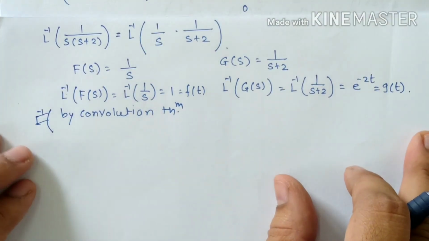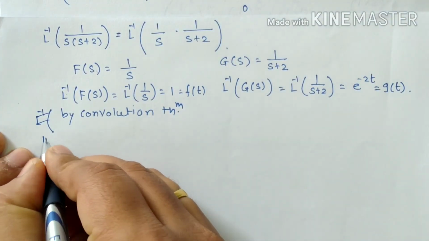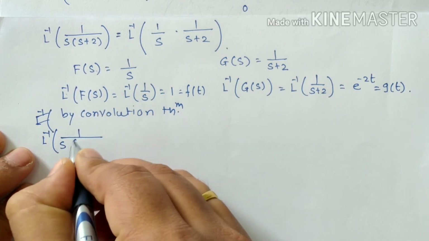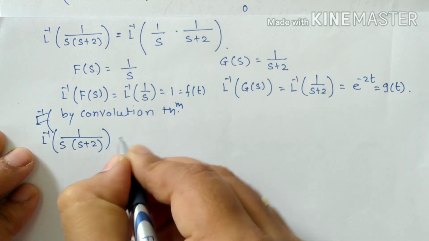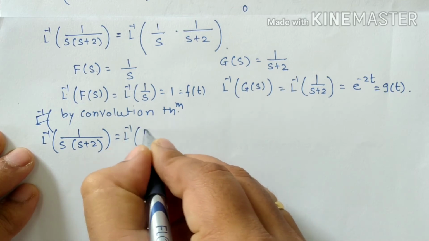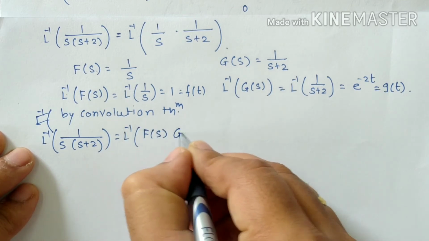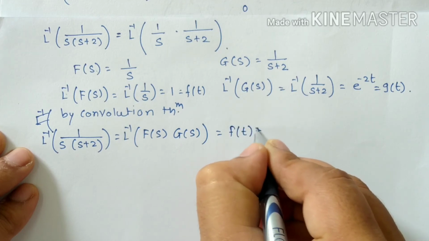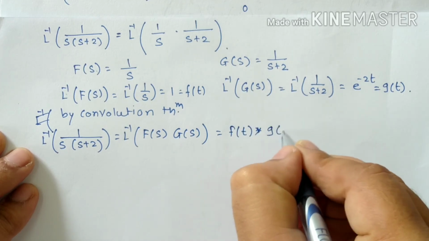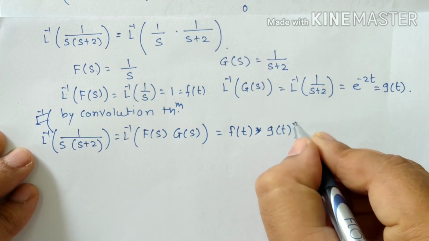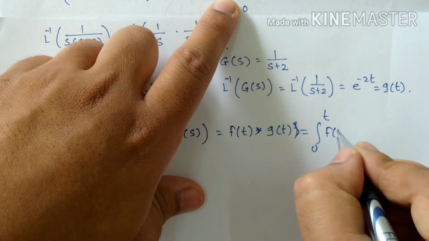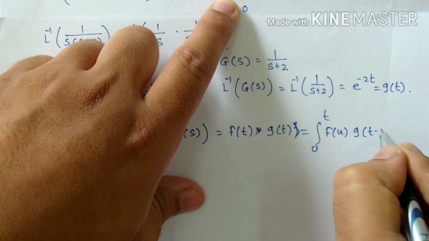By convolution theorem, inverse Laplace of 1 upon s into s plus 2, that is L inverse of capital F of s into capital G of s, is equal to f of t convolute with g of t, that is integration from 0 to t of f of u into g of t minus u du.